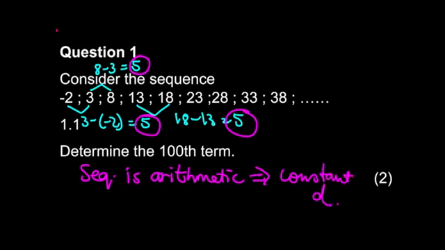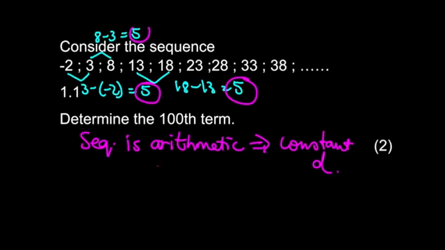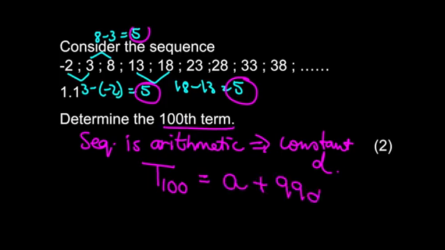So if the sequence is arithmetic, then straight away we know that the 100th term is going to be the first term plus 99 differences. The first term I have is negative 2, but to find the difference, I have to show how I calculated that.